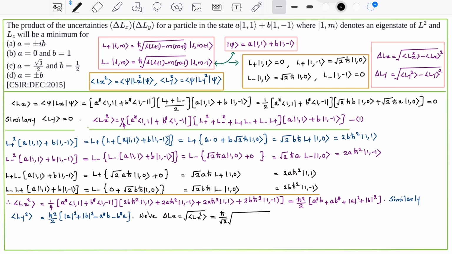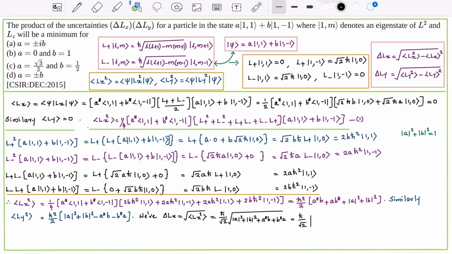Therefore, delta Lx is equal to h bar by root 2 times the square root of modulus of A square plus modulus of B square plus A star B plus B star A. Here, remember that modulus of A square plus modulus of B square is equal to 1 because psi is normalized.